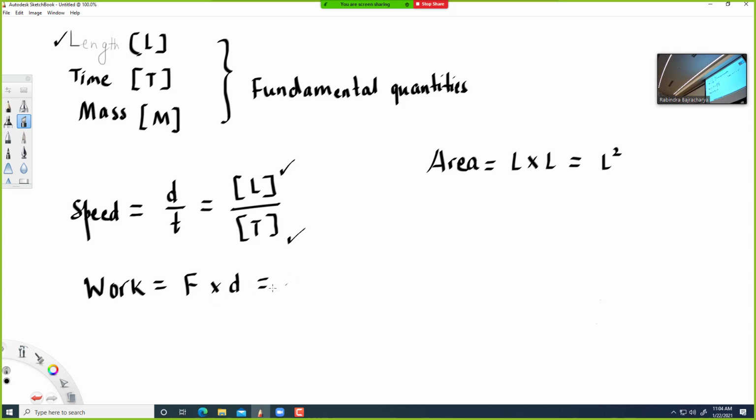And force is mass times acceleration, and this d is distance. Acceleration is rate of change of velocity, how the velocity is changing or how the speed is changing. So it's speed over time.